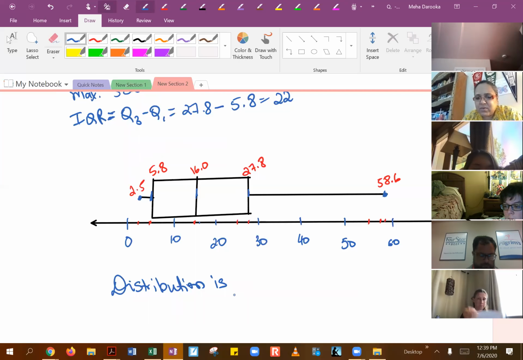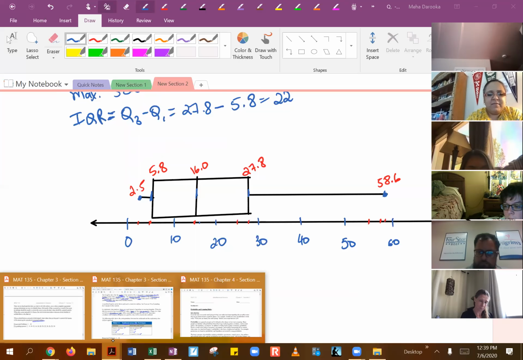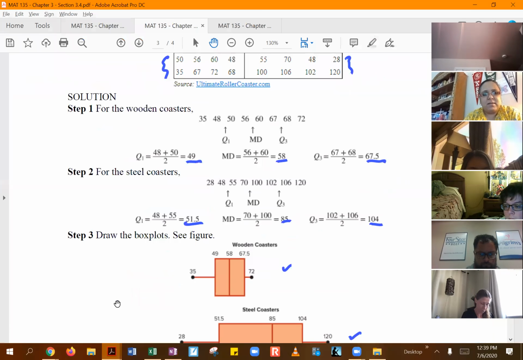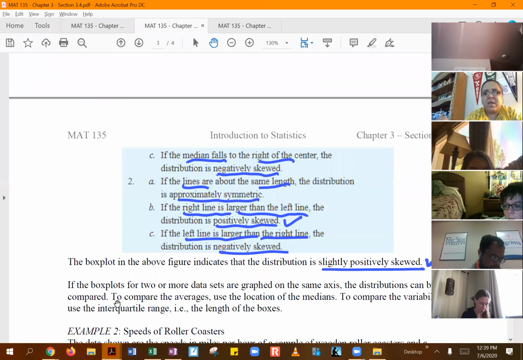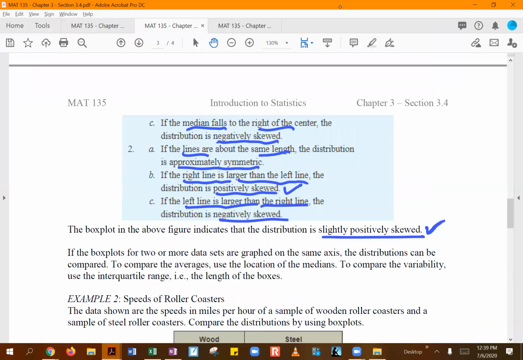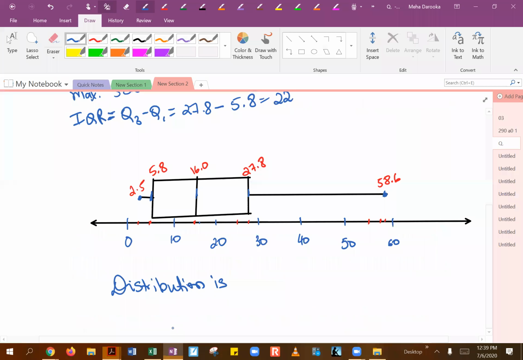Okay, let's see, Jesus and Lily. Alexander, positively skewed. Yeah, very good. Because again, just to show you, where's our little table over here? There we go. They were saying when the right line is larger than the left line, we say it's positively skewed. So we're looking at 2b over here, and that's exactly what our example has.